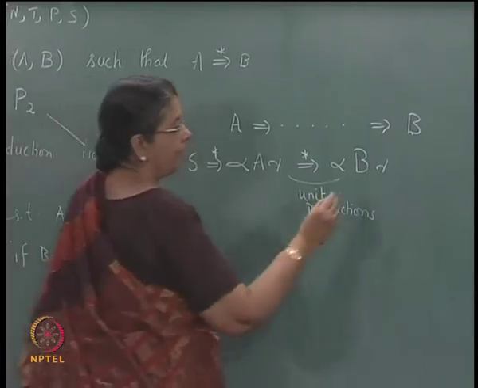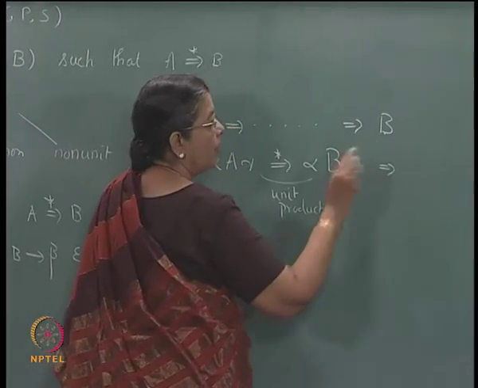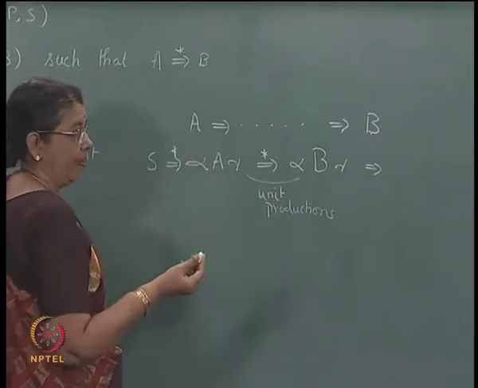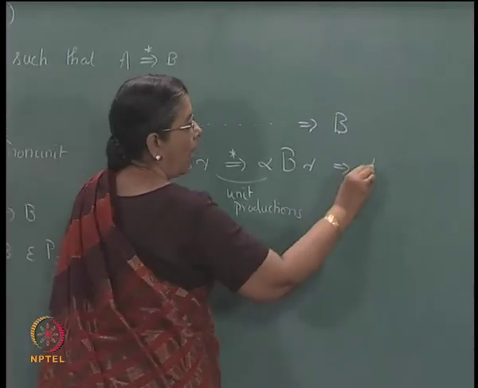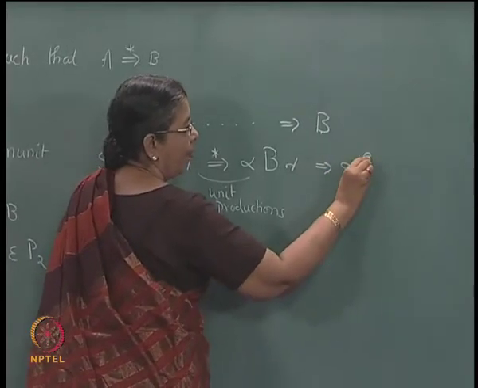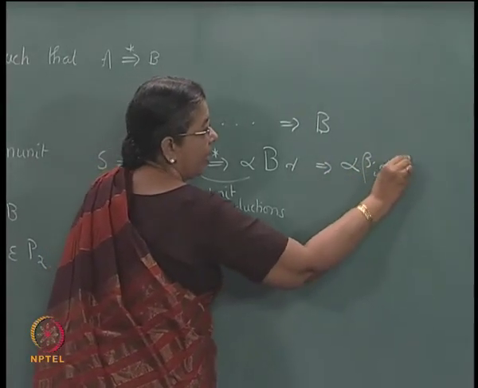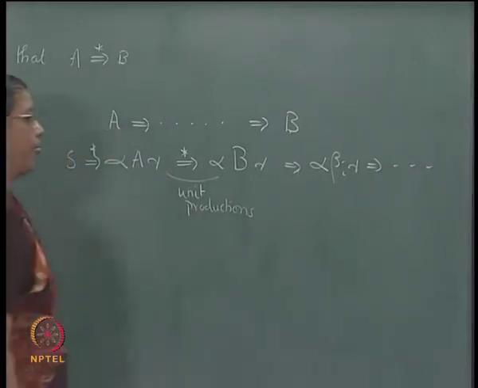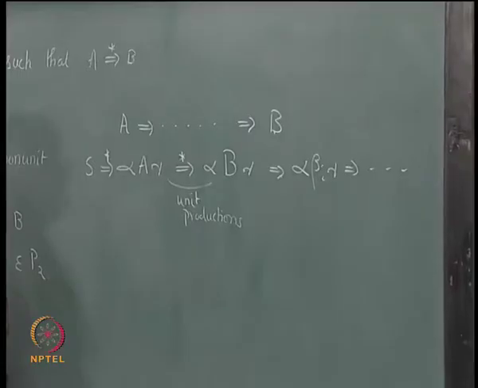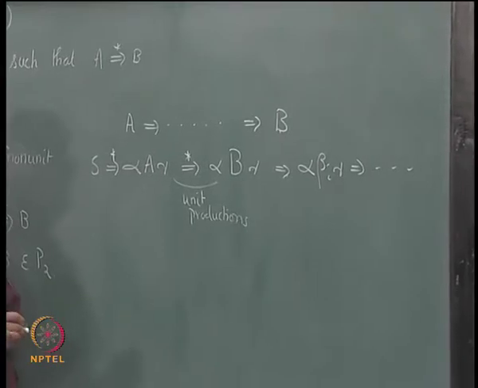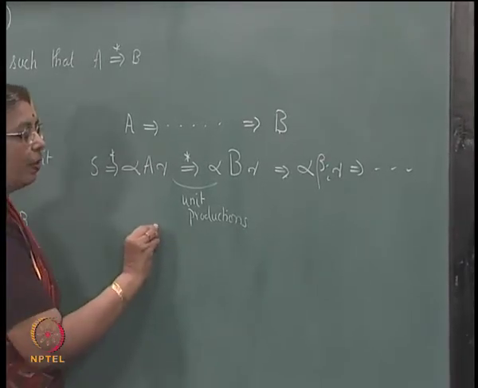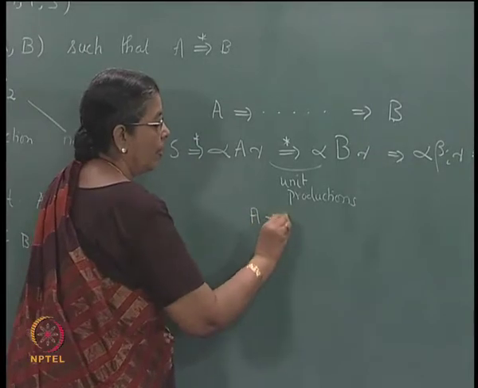Then after some step you may be using some rule B goes to beta i. So, after the next step maybe alpha beta i gamma, and so on. But in the grammar G dash which we have constructed, you have added the rule A goes to beta i.